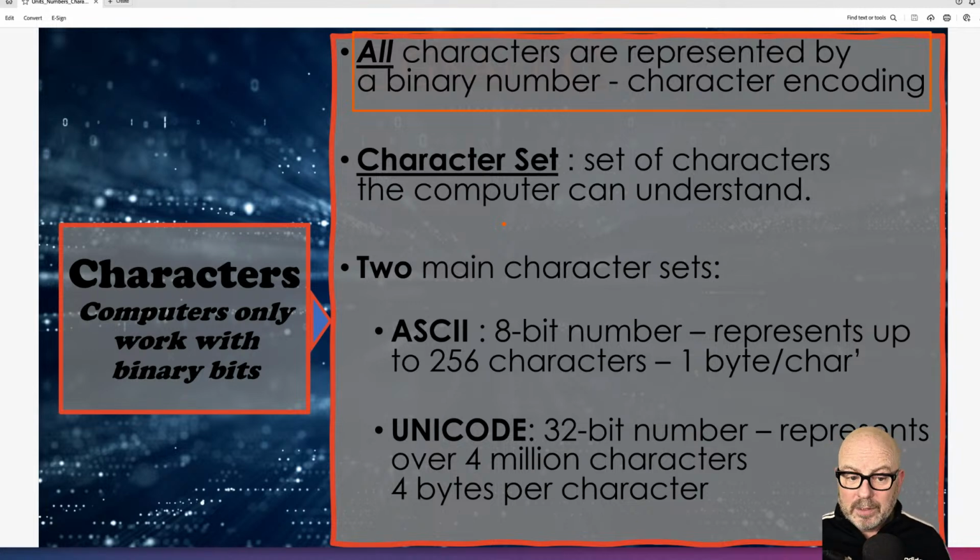So there's a table with A to Z capitals, A to Z lowercase, all the numbers, all of the special characters, shift, escape and so on. Each of those has its own binary number in a table, and that is how ASCII works.